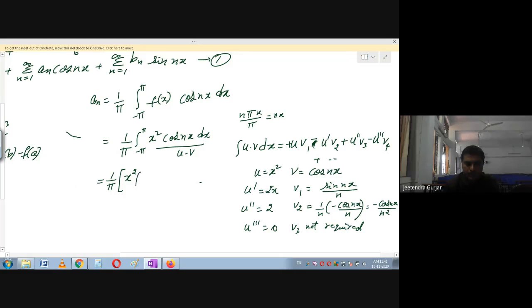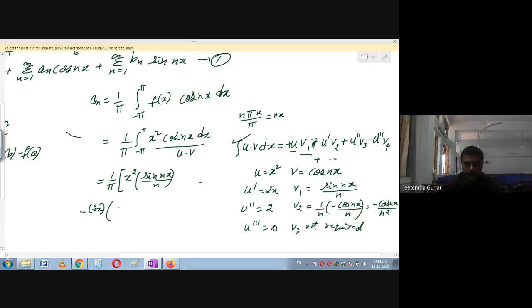Now v1, use this formula, friends. So u I have substituted, I am going to substitute v1. V1 is nothing but sin nx upon n. Next it is minus, so I'll substitute here minus. U dash is 2x. You can see inside I have done rough work, and then substitute v2.